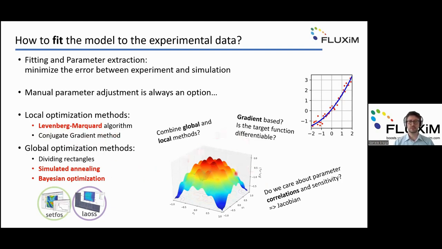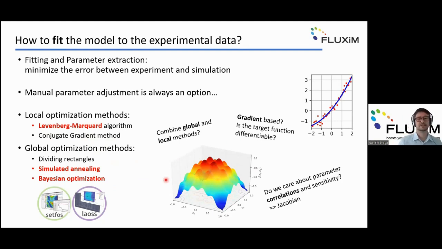But one problem of this local optimization method is if you have different variables, you could always land on a local optima. And this probably is not the best optima that you can get. So we have also global optimization methods, simulated annealing, Bayesian optimization. These are the most famous that we are using.